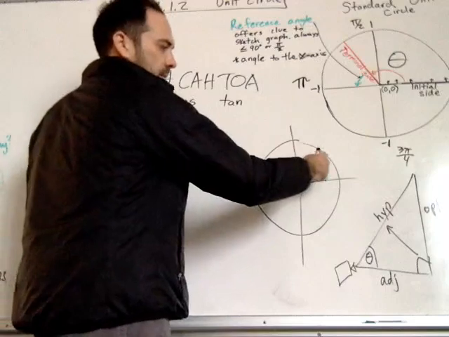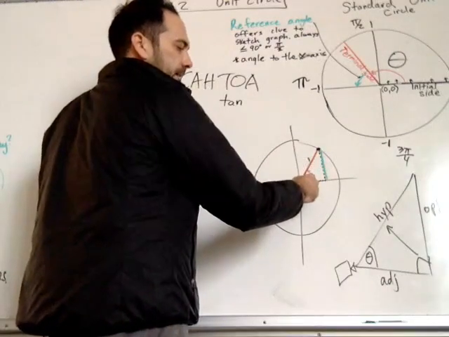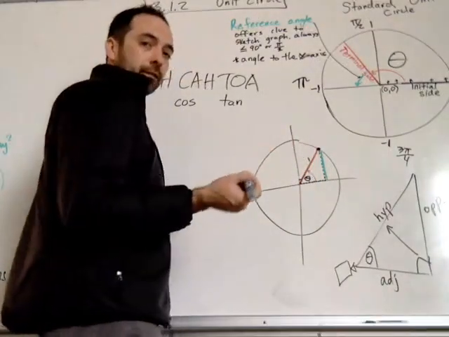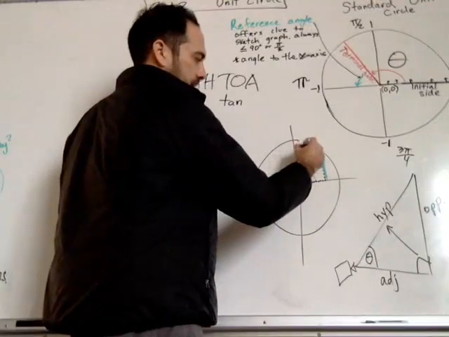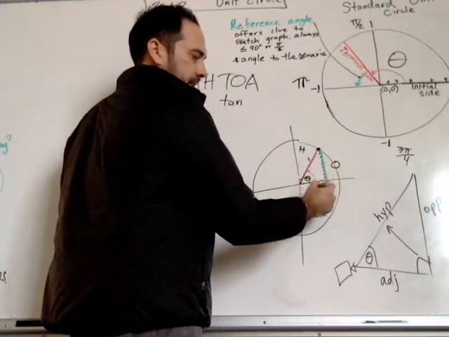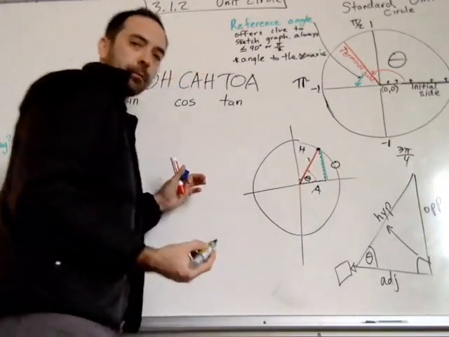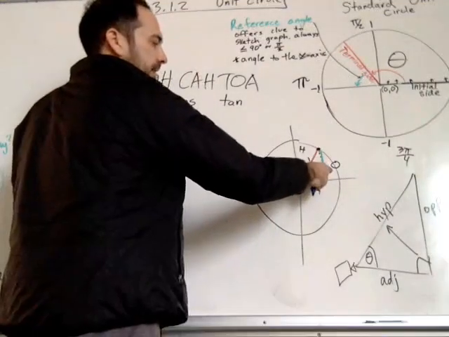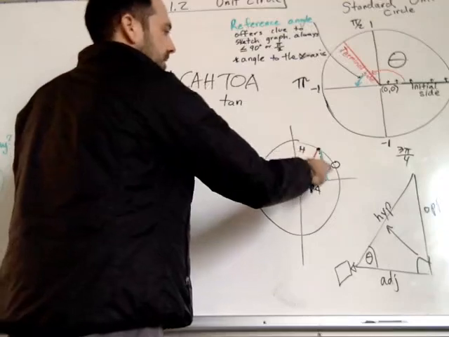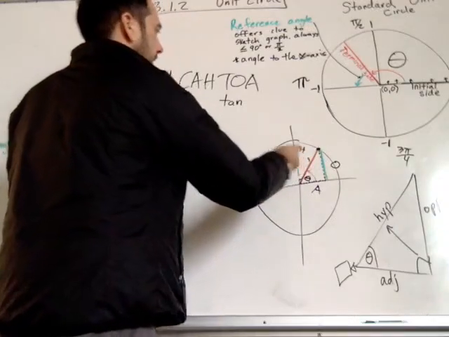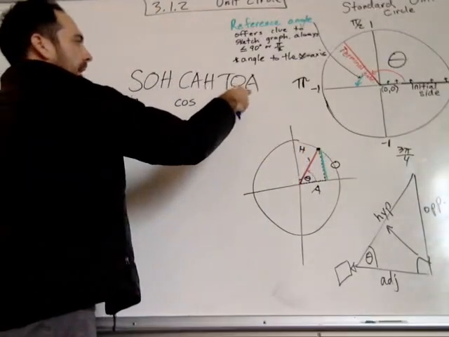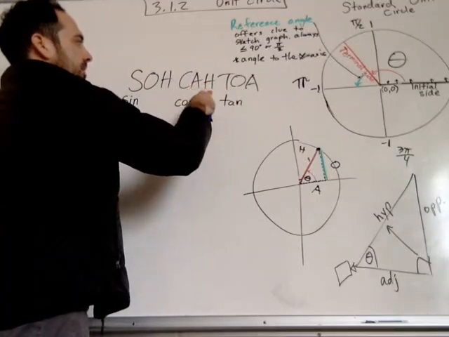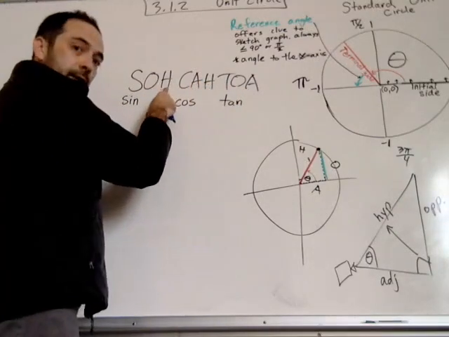Now, if I want to find this green side over here, and I know this theta, first off, what sides are involved? This is the hypotenuse. Over here, opposite. Here's the adjacent. In this case, I want to find the opposite side knowing the hypotenuse. So it's OH. What do we have? SOH, CAH, TOA.